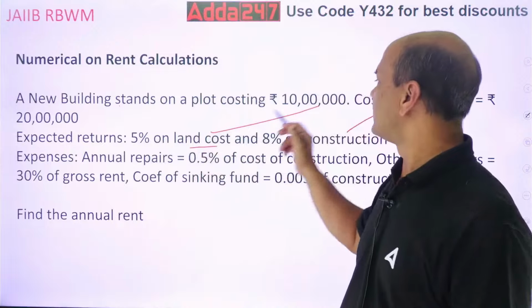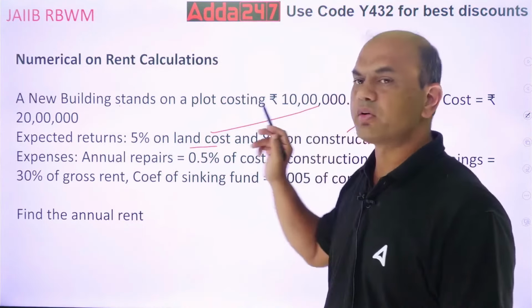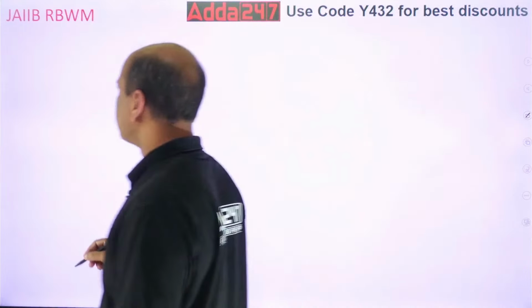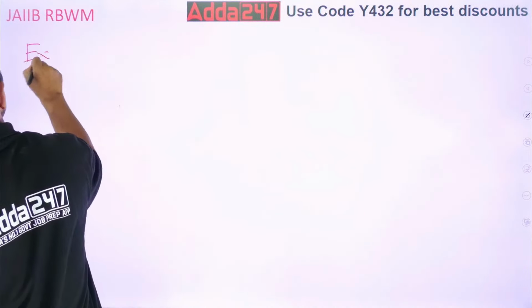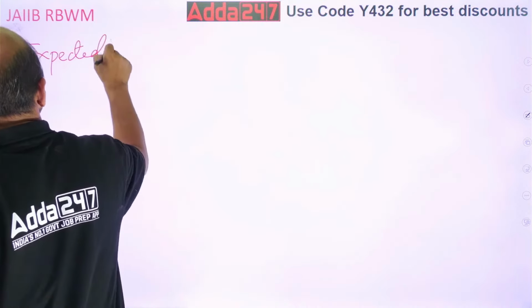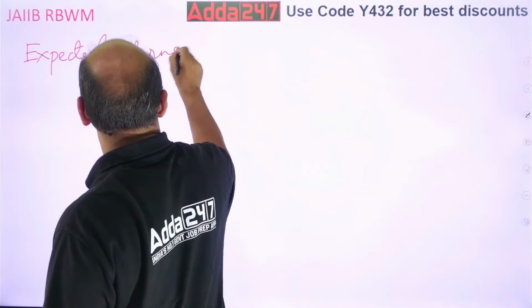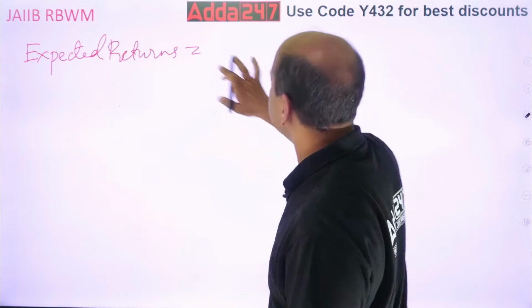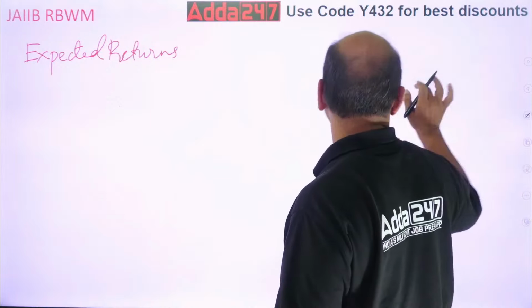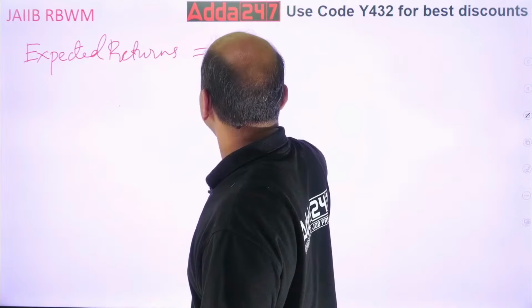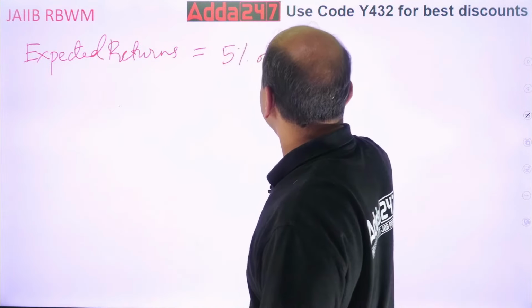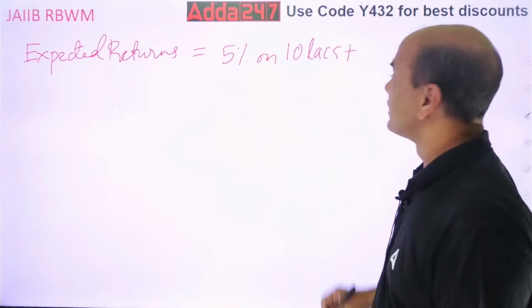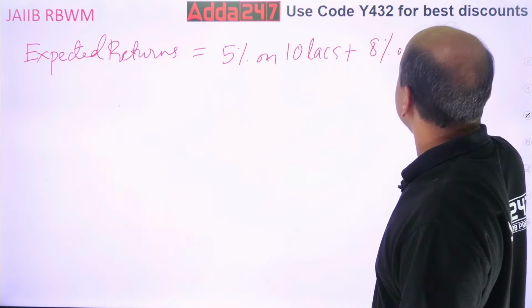So expected returns equals 5% on 10 lakhs plus 8% on 20 lakhs. Both should be totaled.